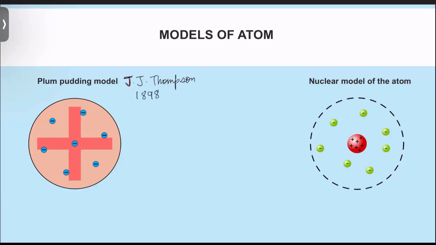So according to this model, what J.J. Thomson said is that this entire atom is uniformly positively charged.